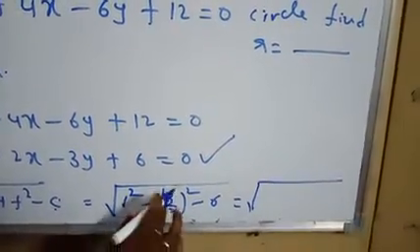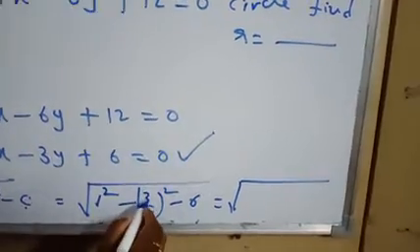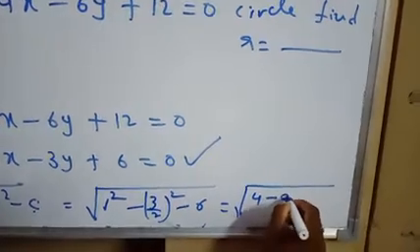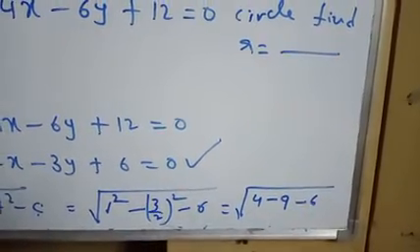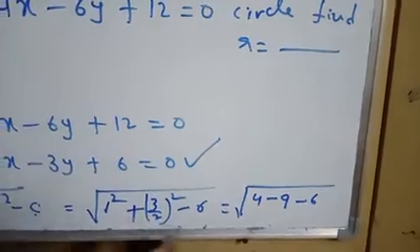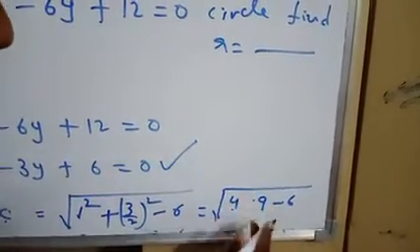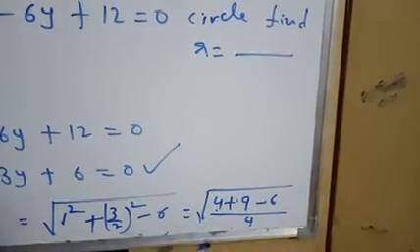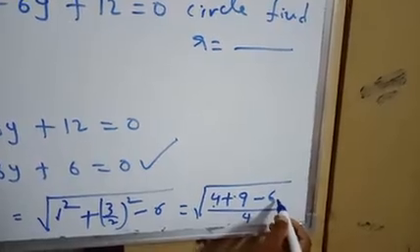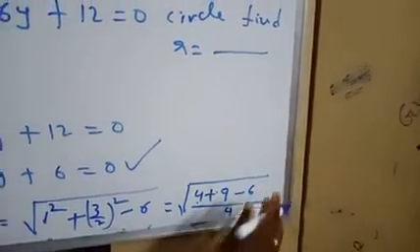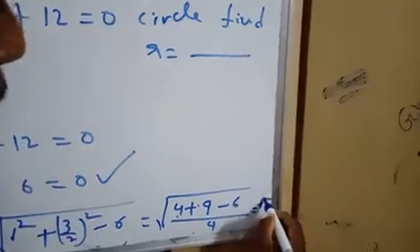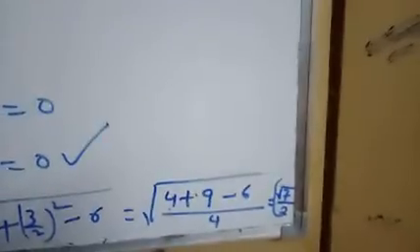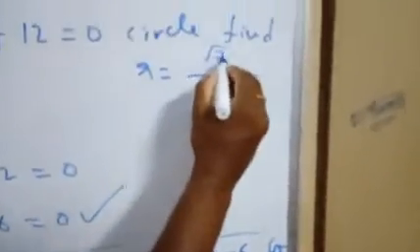The square root of 1² means 1. (3/2)² means 9/4. So 1 + 9/4 − 6, divided by 4: 4 + 9 is 13, 13 − 6 means 7. So the answer is root 7 by 2. What is the radius? Root 7 by 2. The final answer is root 7 by 2.